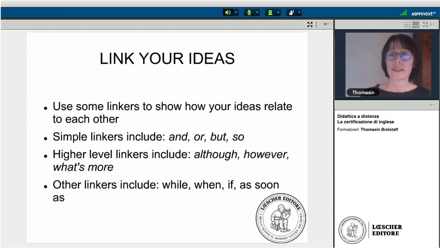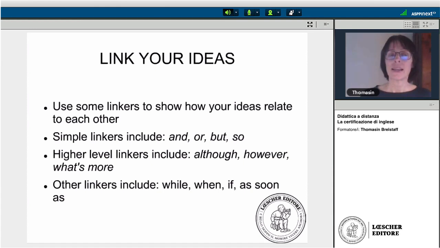So if you're adding some more information, or if you're contrasting what you just said, if you're expressing a condition. At the simple level, simple linkers include things like and, or, but, so, because. And these, I think, all students at B1 know them and use them regularly.